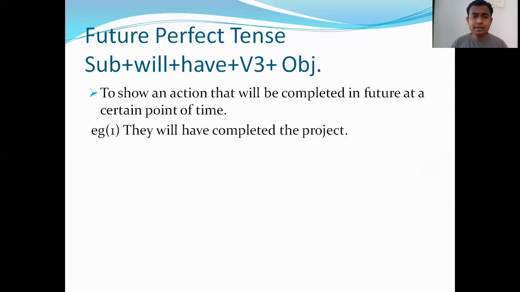So the action is not completed now. The action is going to get completed in the future. So for that also we use future perfect tense. You see subject, will, have we have to use because it's a perfect tense, verb third form, and object.